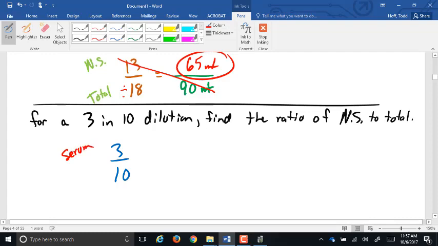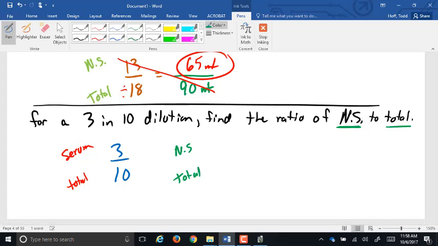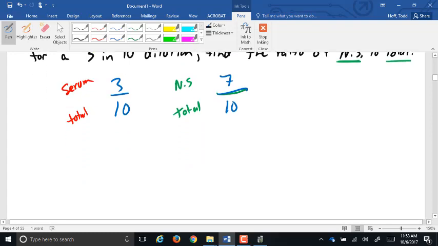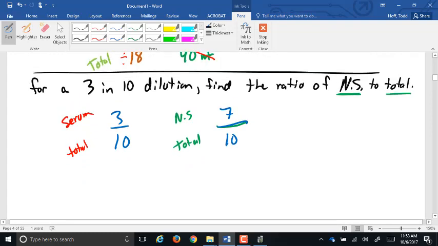Sorry, 3 is serum, 10 is total solution. Well, we want saline to total. We keep the 10. The 10 is still the total. 10 minus 3 gives us 7 for the saline. That'd be your answer. Yep, 7 over 10 is the ratio of saline to total.